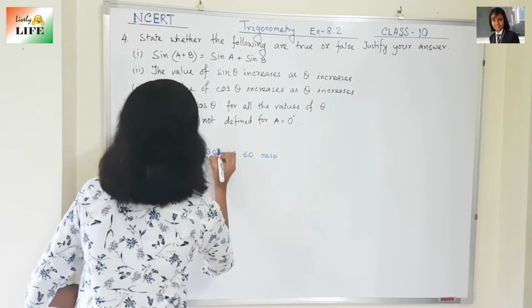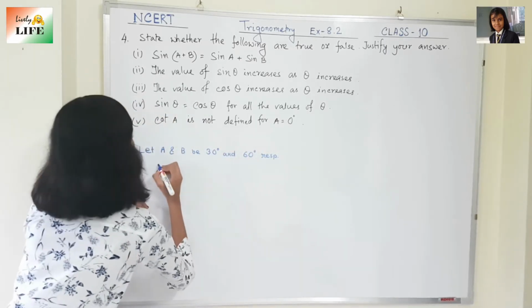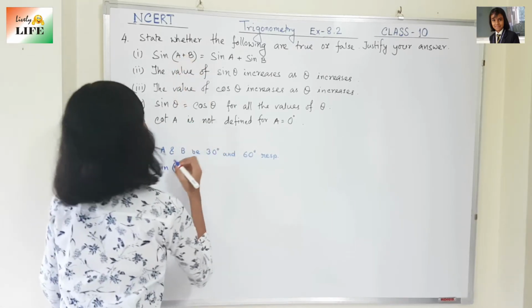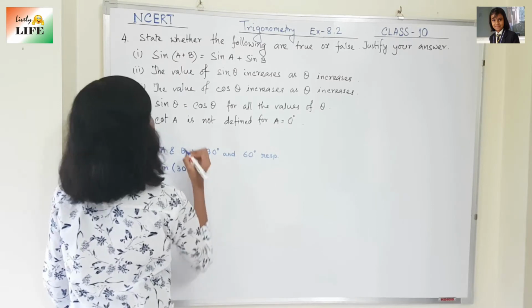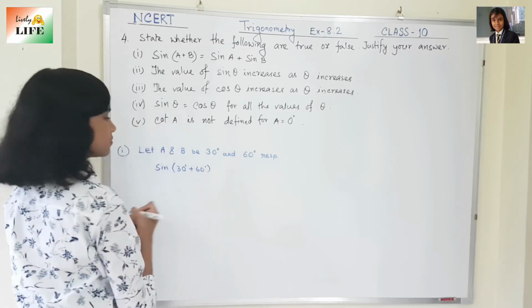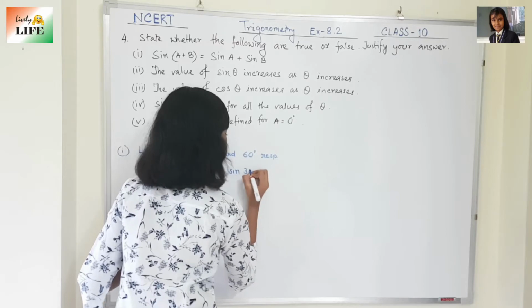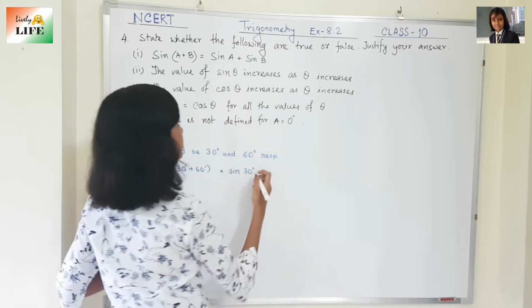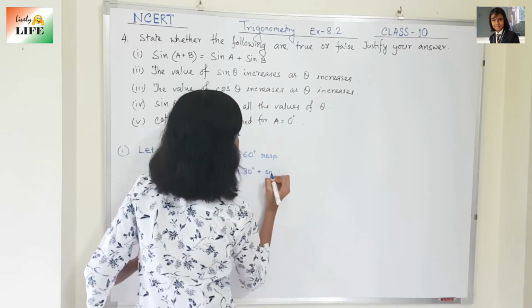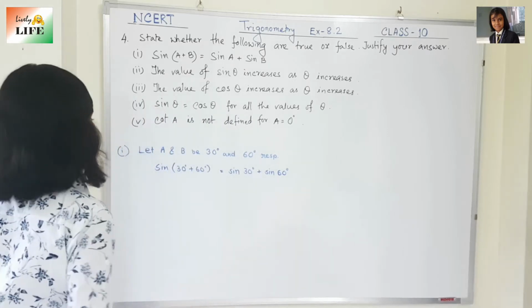Now sine(A + B), what is A? 30 degree, B is 60 degree, equal to sine 30 degree plus sine 60 degree. Okay.